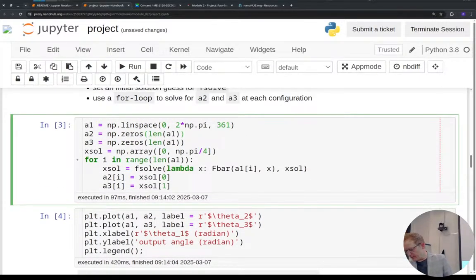By default, if you don't give it a value, it gives you 50, and if you give it a value, then it gives you that many, 0 to 360, split up into however many you told it to split up.